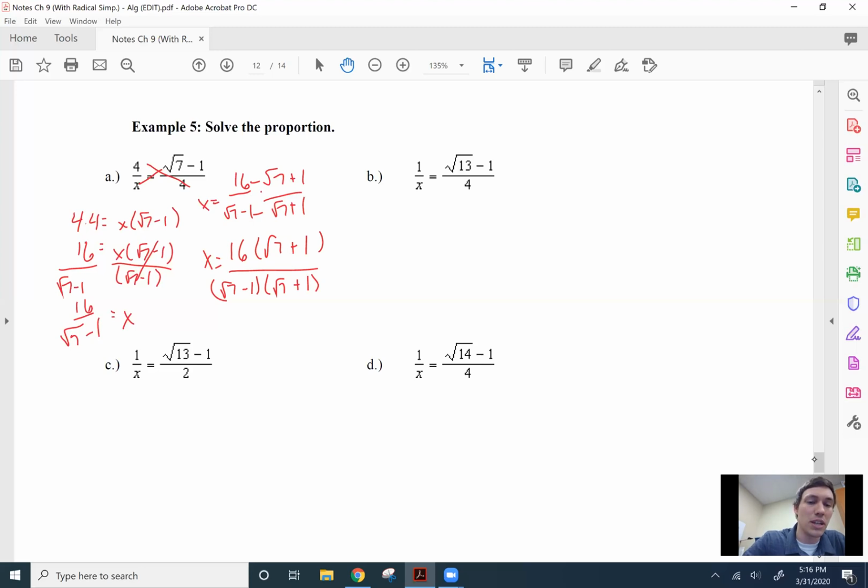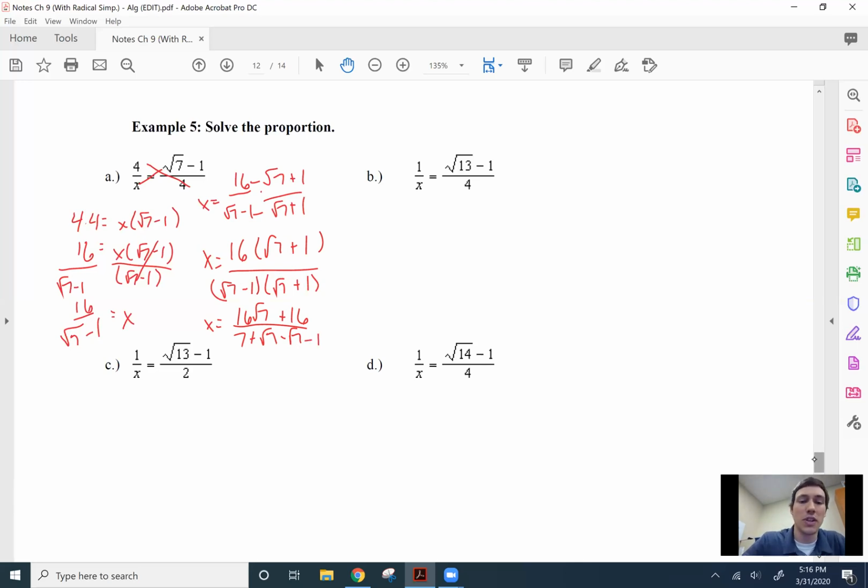So on the top, I'm going to get x equals 16 radical 7 plus 16 all over radical 7 times radical 7 is 7. Radical 7 times 1 is radical 7. Negative 1 times radical 7 is going to be just negative radical 7. And negative 1 times 1 is negative 1.